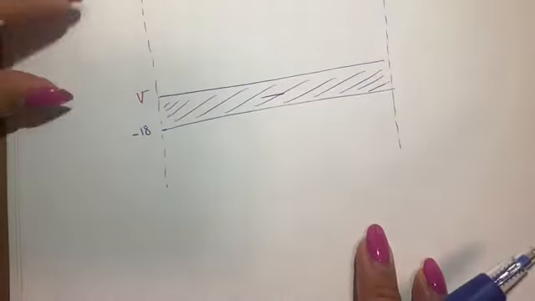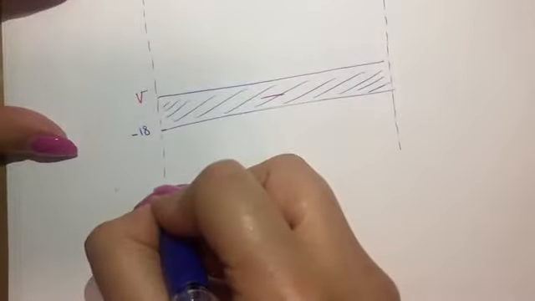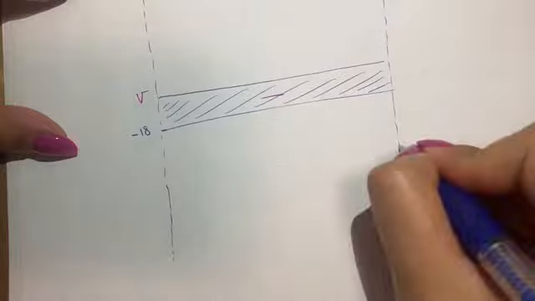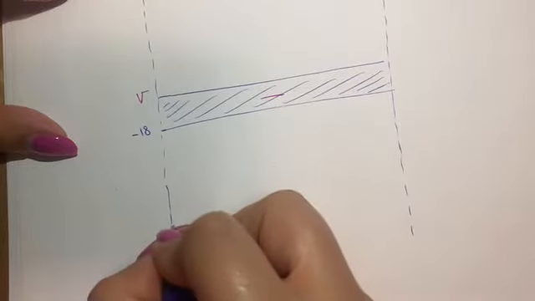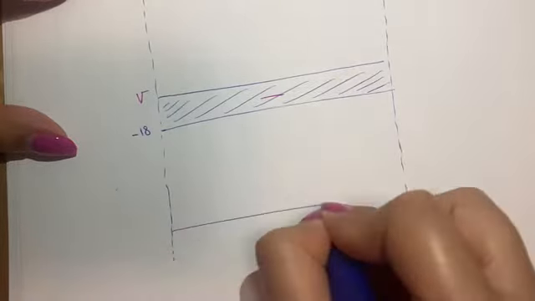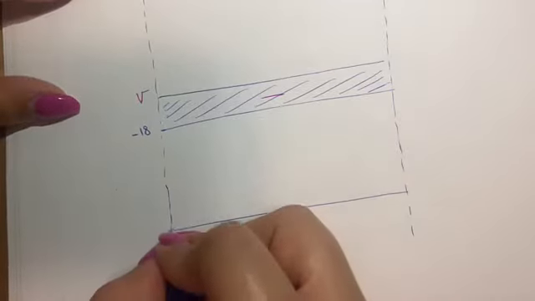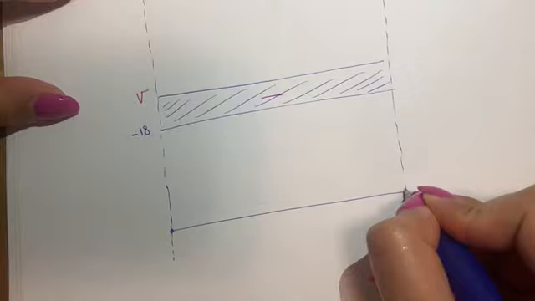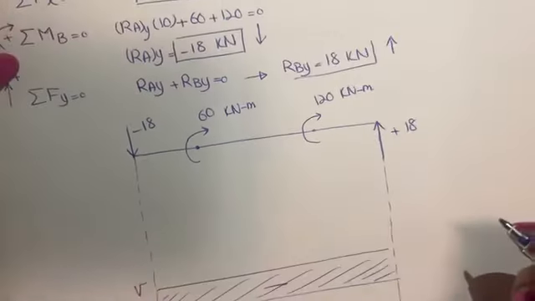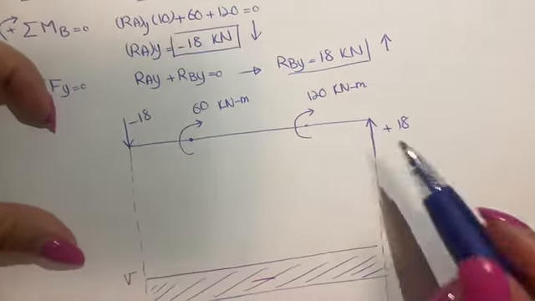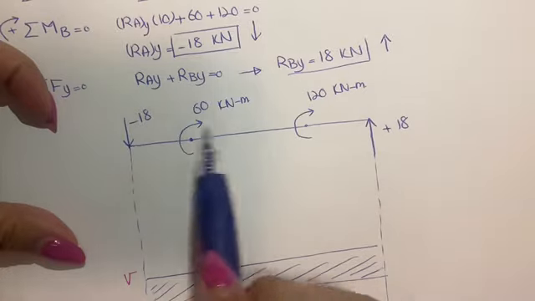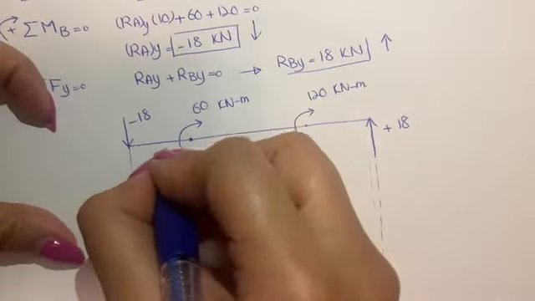And for the bending moment, you can see that at this point and this point we have zero moment because they are both supports, and we have two critical points here and here.